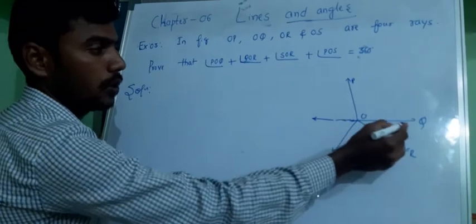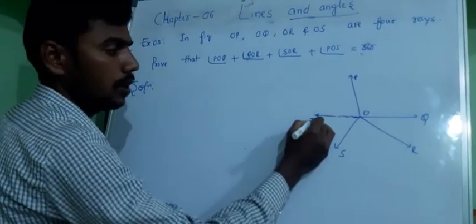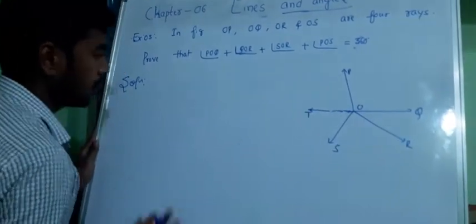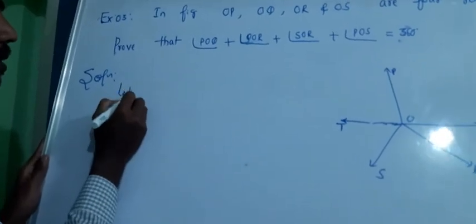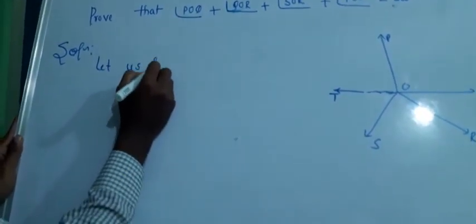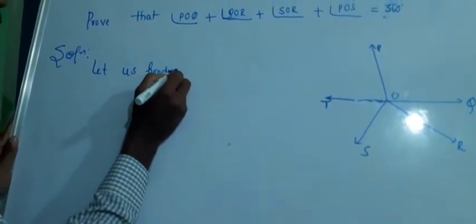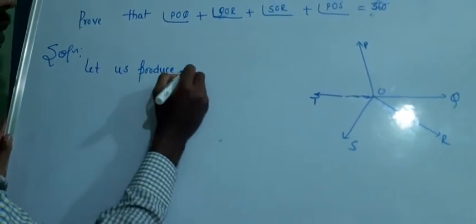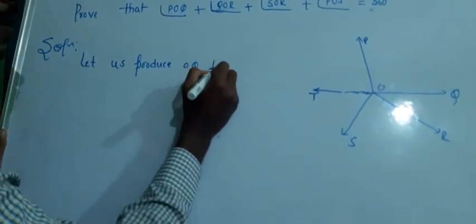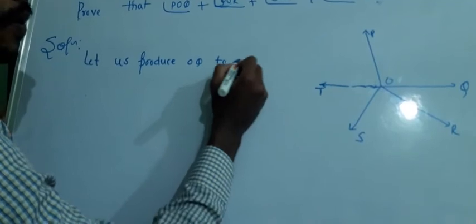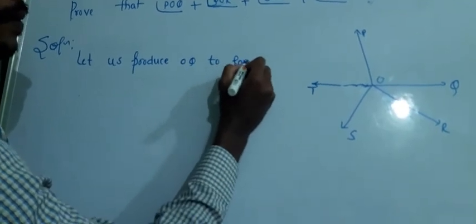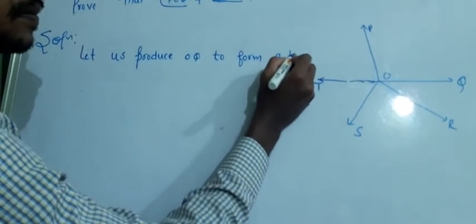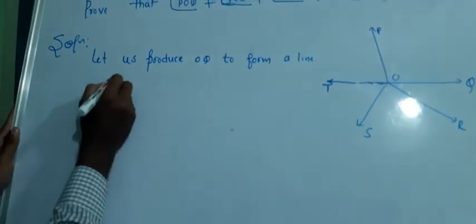So PO, OQ, let us produce OQ till T to form a line TOQ.